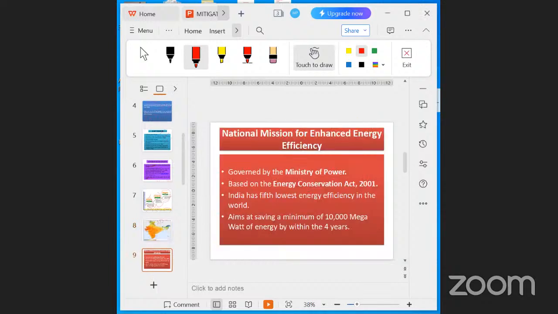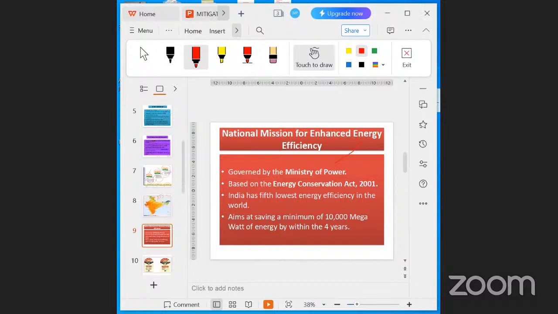And the next mission is NMEEE. It's called NMEEE. So the mission is run by whom? Ministry of Power. Okay, Ministry of Power. And it is based on the Energy Conservation Act 2001.